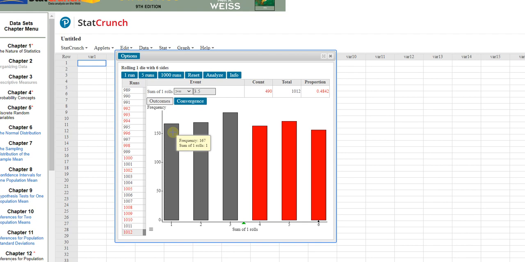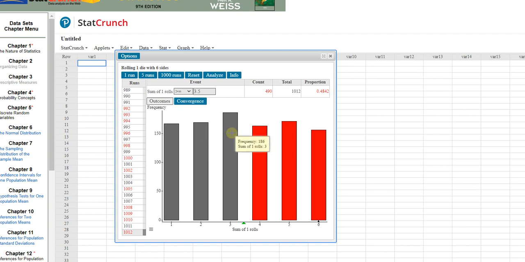Remember, the probability for any one of those numbers is 1 out of 6, and 1 out of 6 is about 17%. Look at this one, 167 out of 1,000 is almost 17%. The exact number should be about 167, almost equally likely.